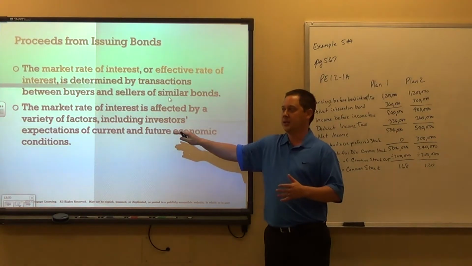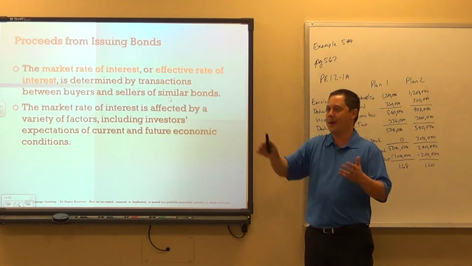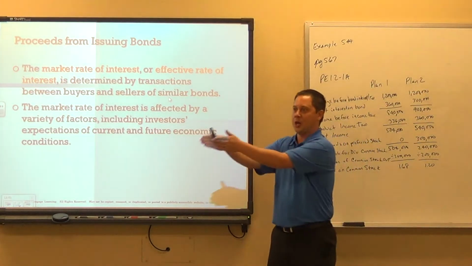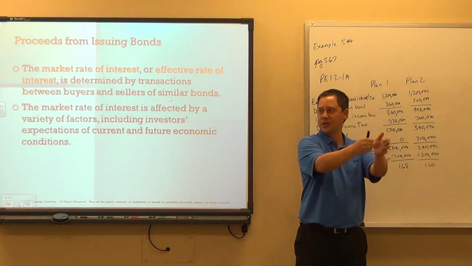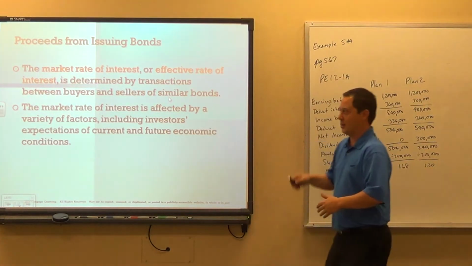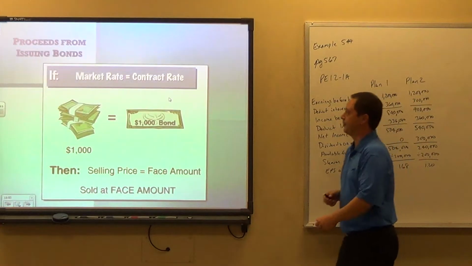If they think the stock market may go up, they may not buy as many bonds and may move their money into stocks. If they think it's going to go down, they may move it into bonds, which is a little safer. So that may affect the interest rates on the bonds.